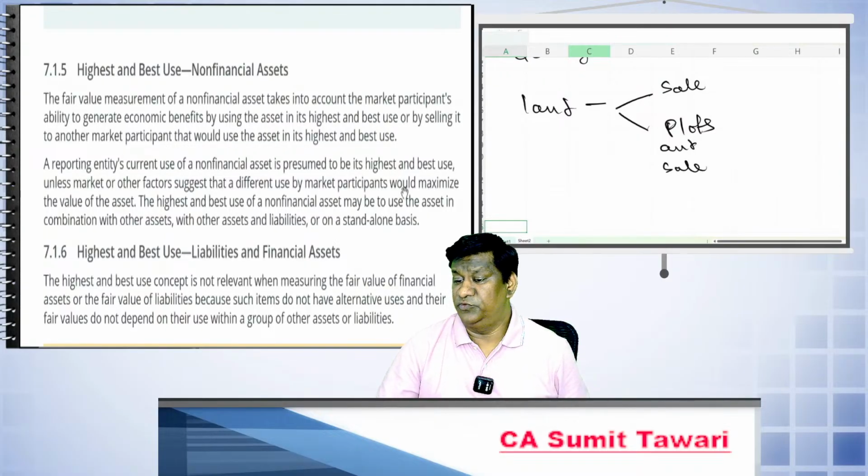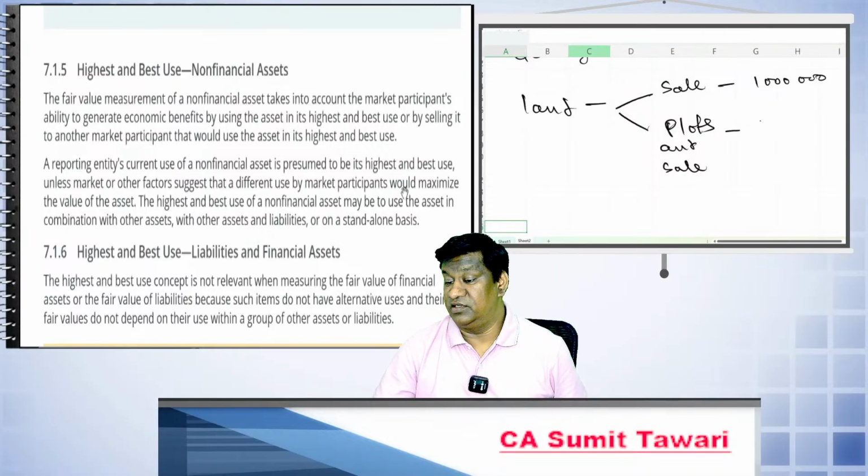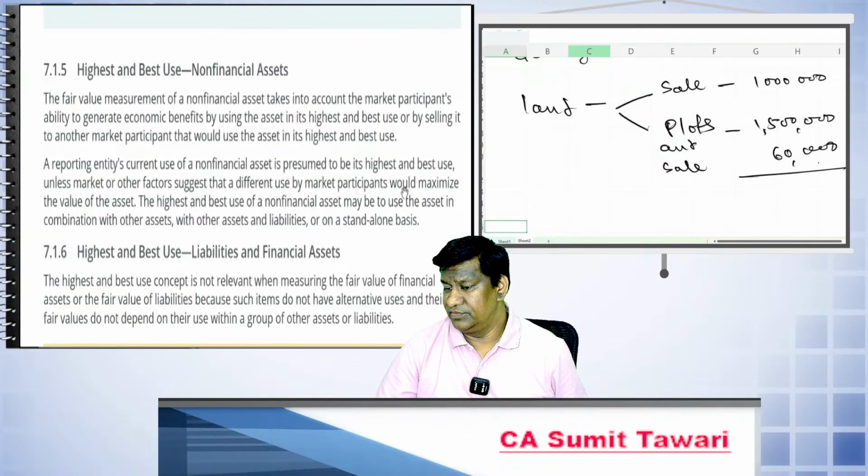If you sell as it is, then you may get 1 million. And if you develop the plot and sell, then you may get 1.5 million, but you need to incur expenses of, say, 600,000. So this is basically 900,000 net realizable.